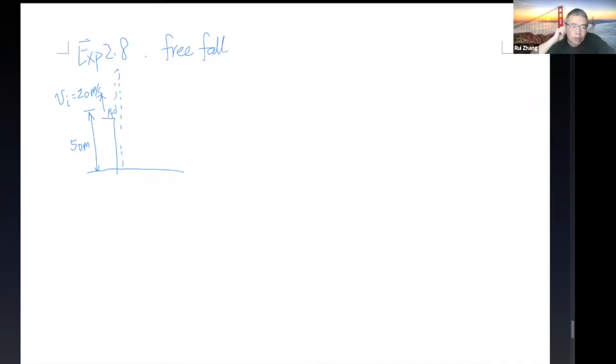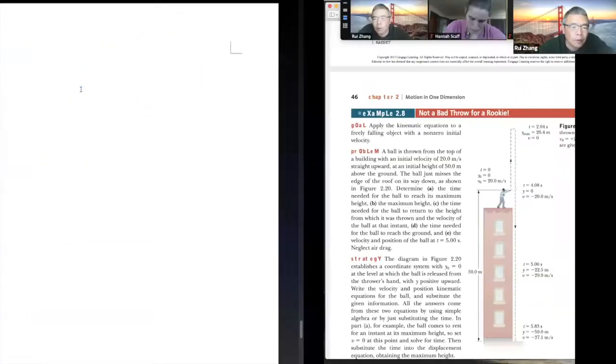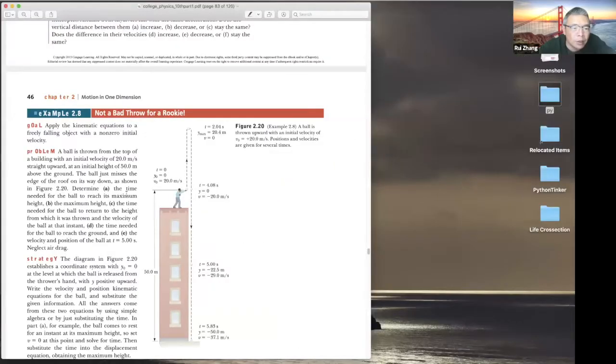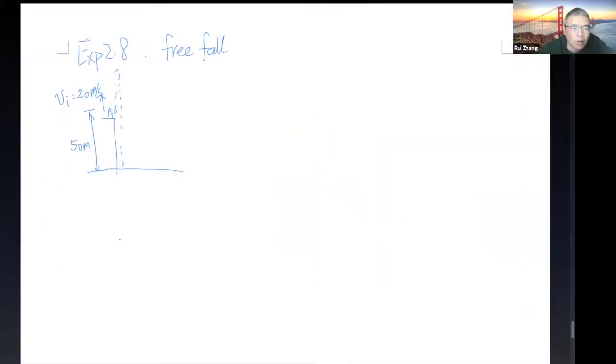Now, what do we want to solve for? We want to solve for the time it needs to reach the maximum height, then the maximum height, then the time needed for the ball to return to the height from which it was thrown, then the time needed for the ball to reach the ground, and the velocity when the ball is at 5 seconds. So A is the time to the maximum height.